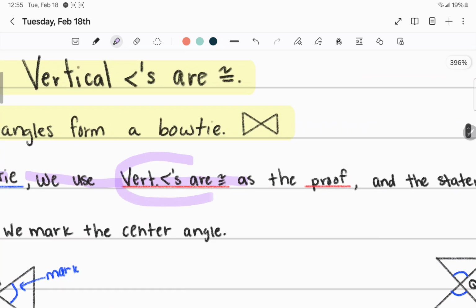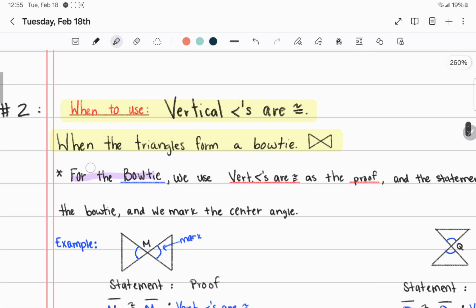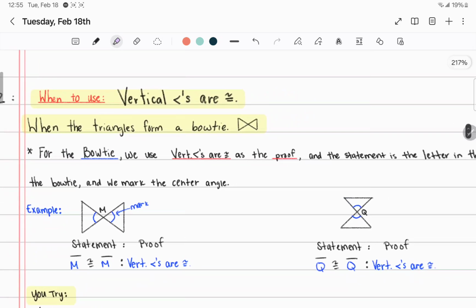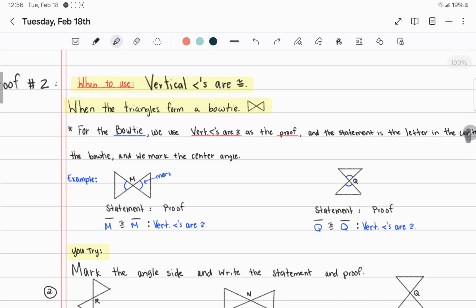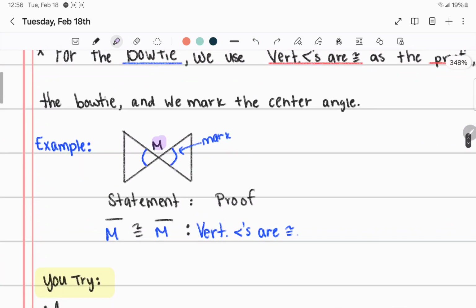We write it like this. This is the short way to write it. So I'm reading this statement here. For the bow tie, we use vertical angles are congruent as a proof, and the statement is the letter in the center of the bow tie, and we mark the center angle. So, what does that mean? Here, this is the letter in the middle of my bow tie. We mark it like this and like this.